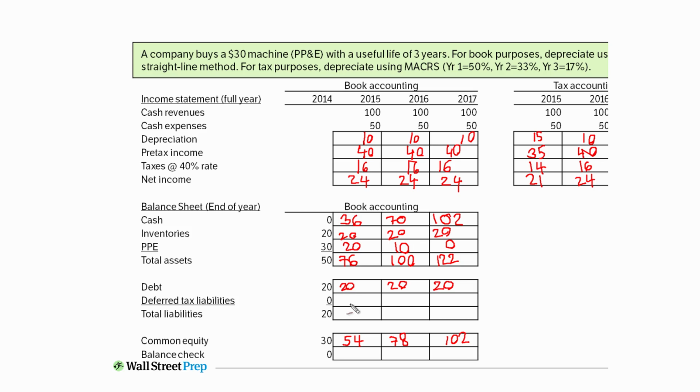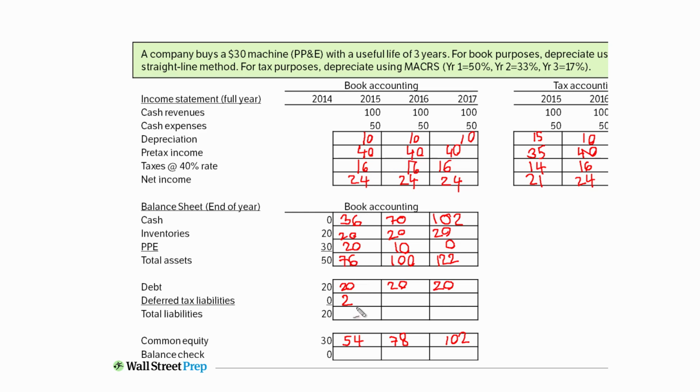I'm off by 2. The plug, the thing that makes a balance sheet work, is now the creation of a deferred tax liability. And the deferred tax liability starts at 2, and it recognizes the fact that in this year, we paid less to the IRS. The way to think about it conceptually is that in this year, because of a temporary timing difference, we paid less to the IRS than we are presenting that we owe for book purposes.